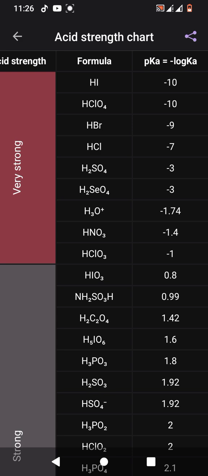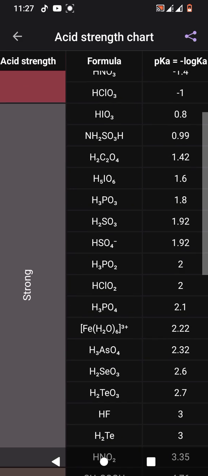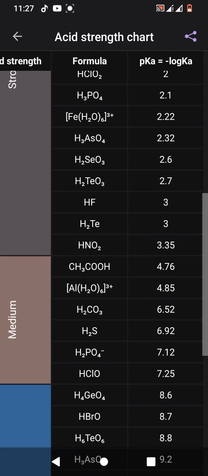Okay, so what I want us to notice is the topmost acid is the strongest, so we'll actually use this as we are dealing with salt. Like I said, we'll first do the revision of acids and bases. So we'll use this acid strength chart.